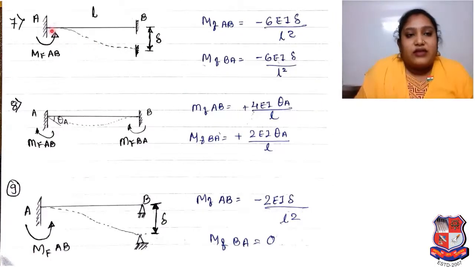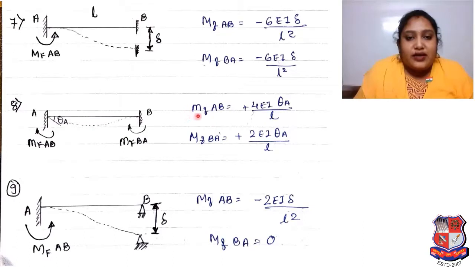Now for the seventh case, there is a sinking of support, that deflection or sinking, we can say it as having a delta. So the fixed end moment for AB is minus 6 EI delta upon L square, and for BA minus 6 EI delta upon L square, okay. And here there is a theta, and with the fixed end, a moment is generated.